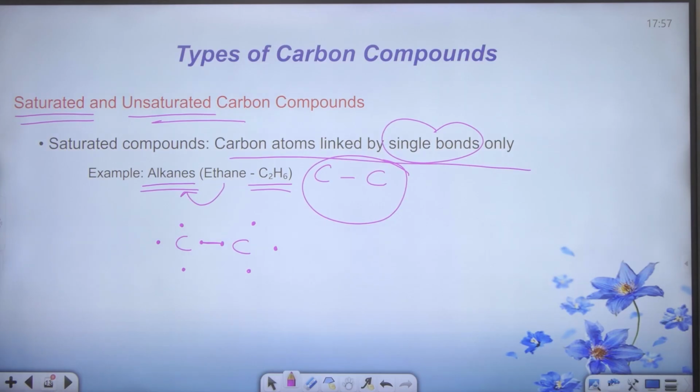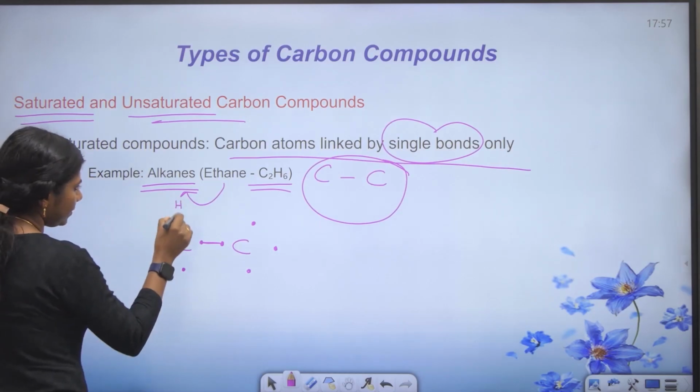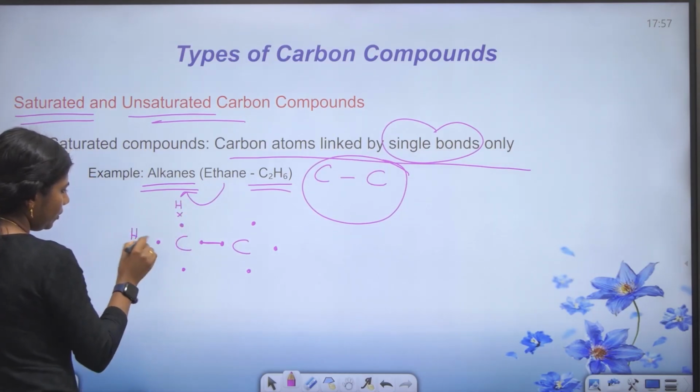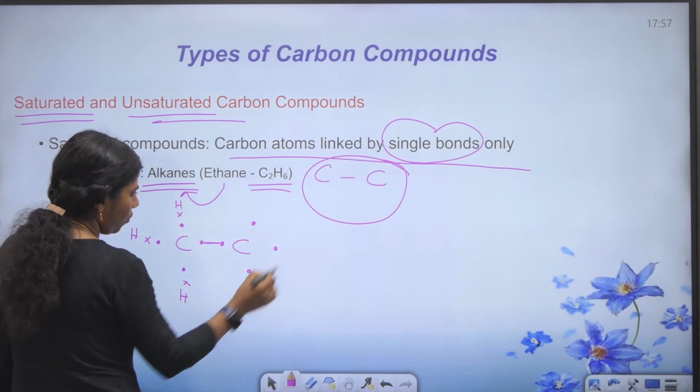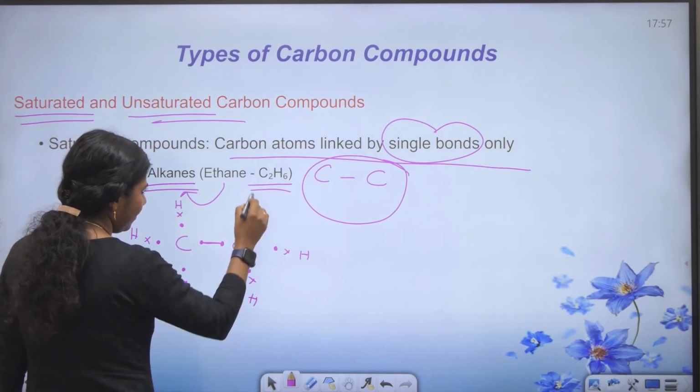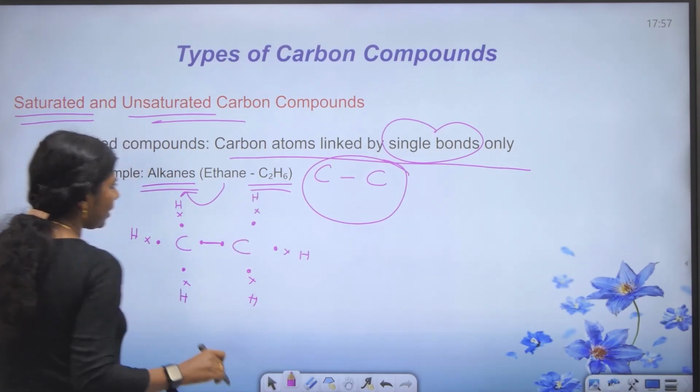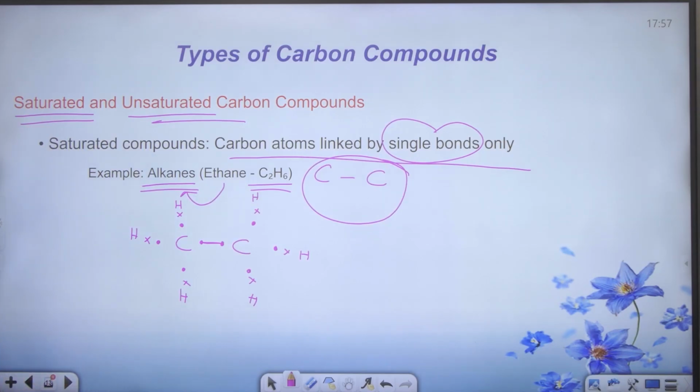The remaining 3 valencies of each carbon atom are satisfied by hydrogen atoms. Total 6 hydrogen atoms are present. The remaining 3 valencies of each carbon atom are satisfied by 3 hydrogen atoms.